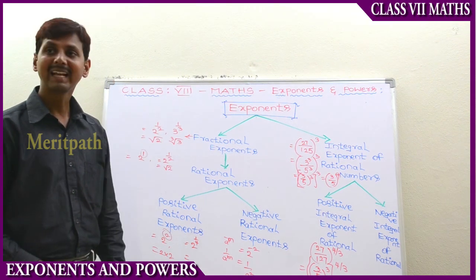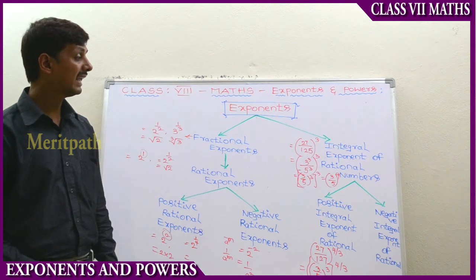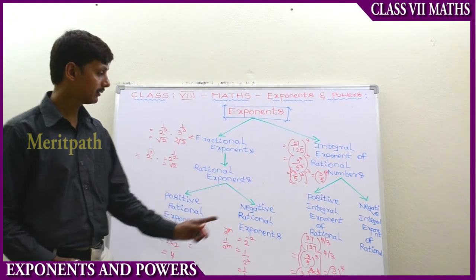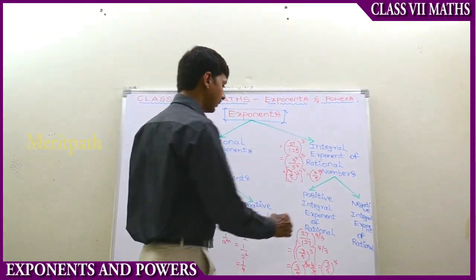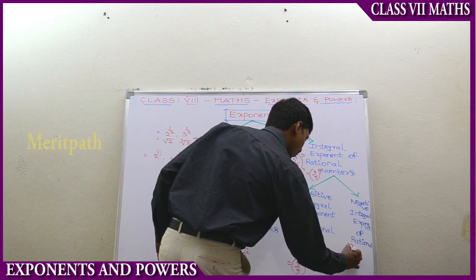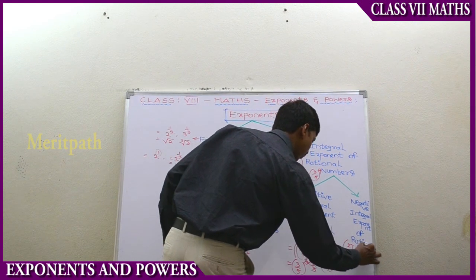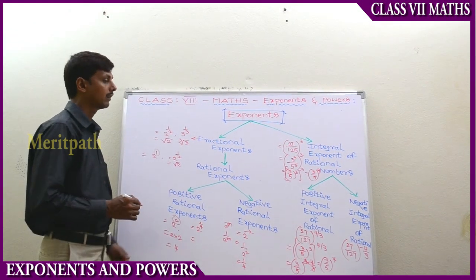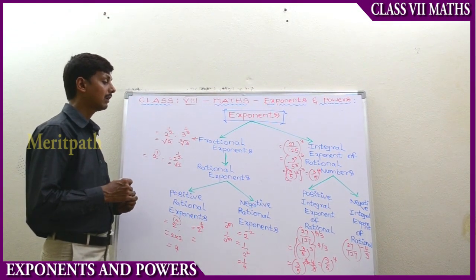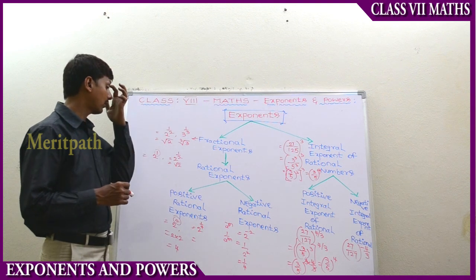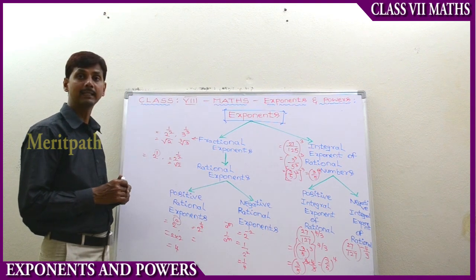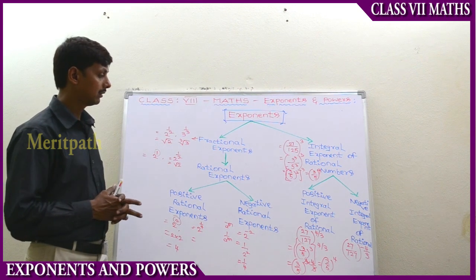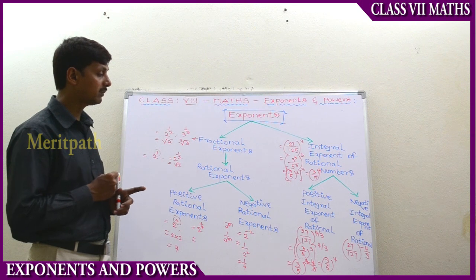Now the negative integral exponent of a rational number. When we take 27 by 125 whole to the power of minus 4 by 3 and simplify, we get 3 by 5 whole to the power of minus 4 by 3, then 3 by 5 whole to the power of minus 4.